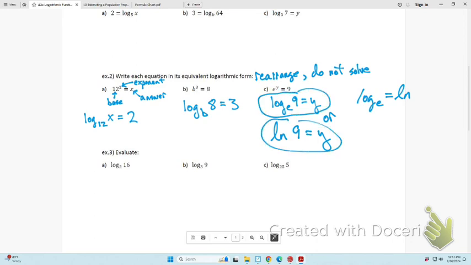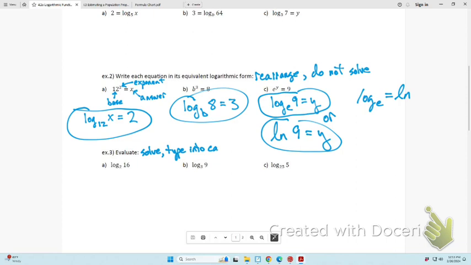Doesn't matter to me. That's great, and that is great. All right, on number 3, it says evaluate. Let's solve. I do not mind if you type it into the calculator. But if you like a challenge, try and do it in your head.